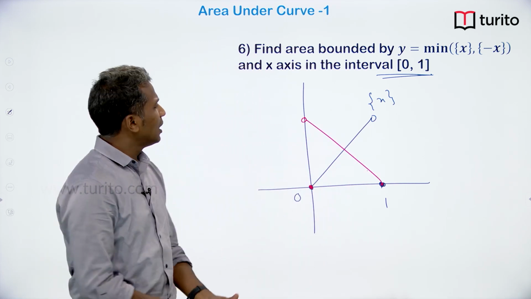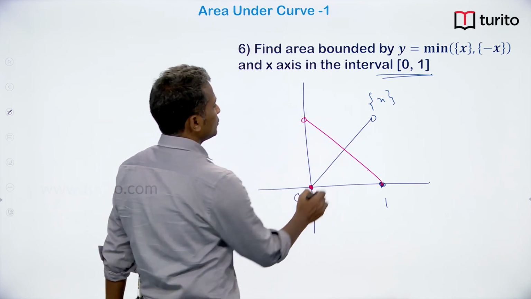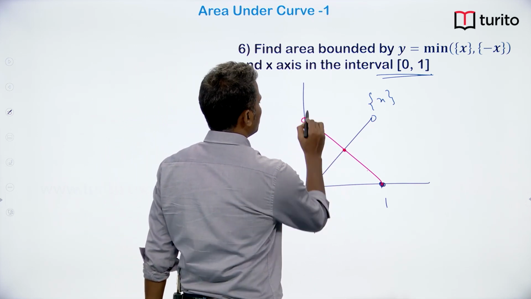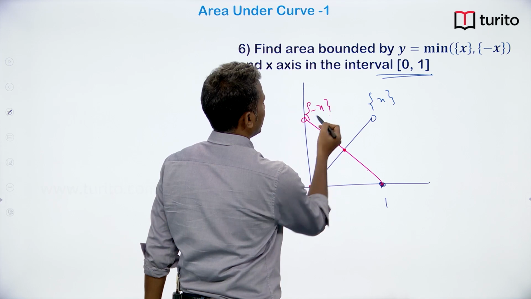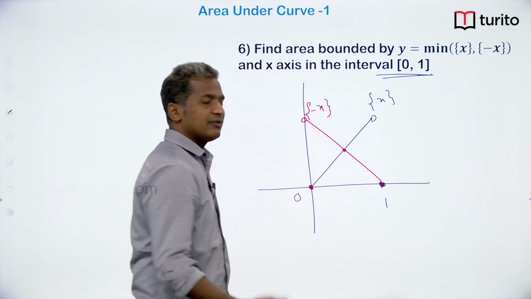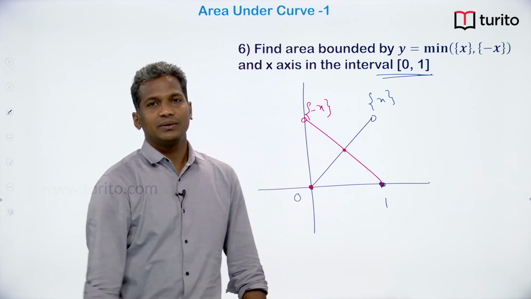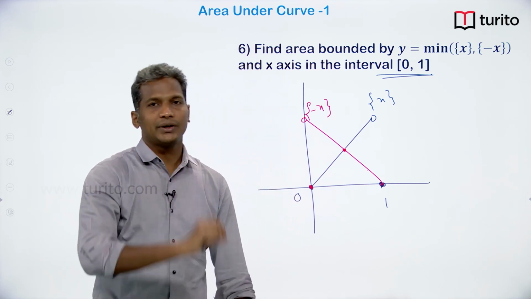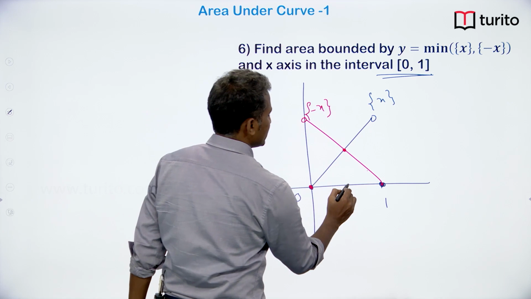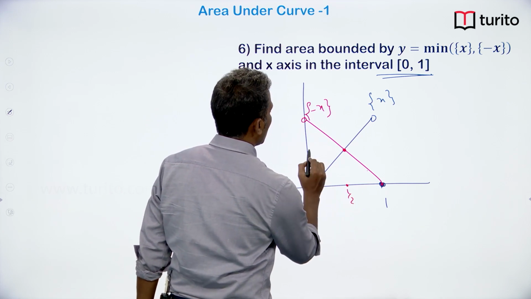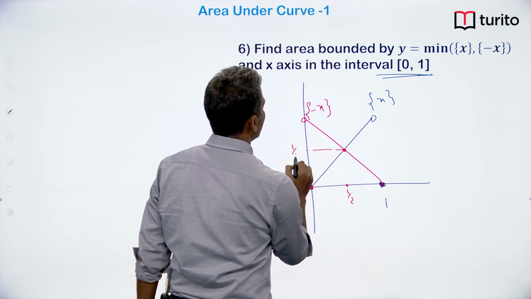Okay. Now look at these two. These two functions are intersecting at one point. So this one point is where both outputs are equal. That is going to be 1 by 2. So this is exactly 1 by 2 and the height is also going to be 1 by 2 here.